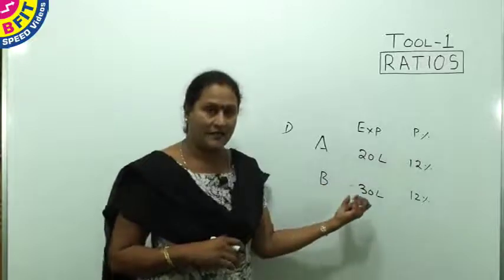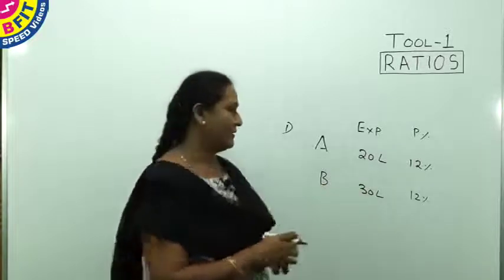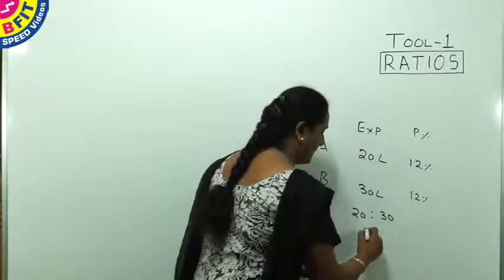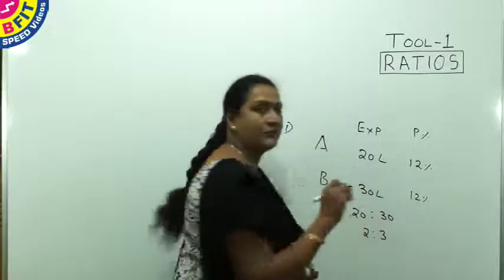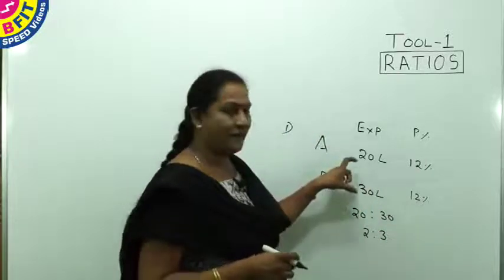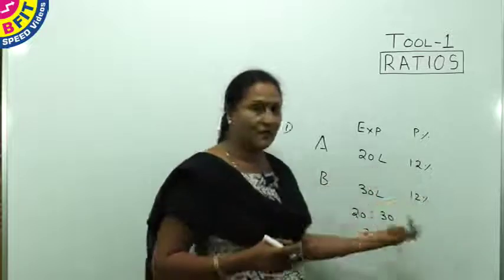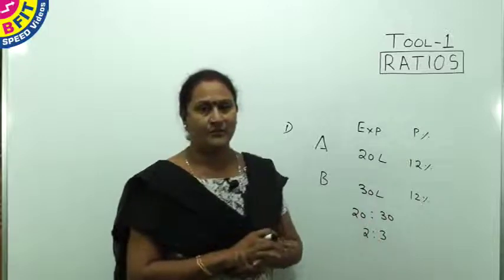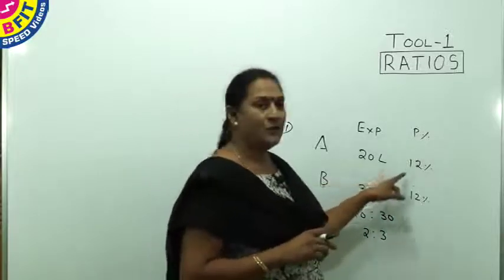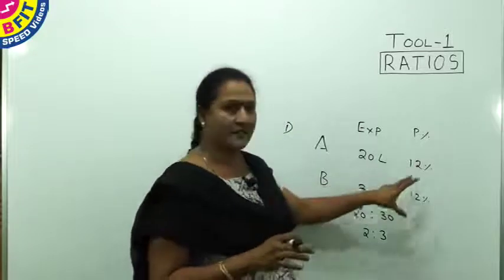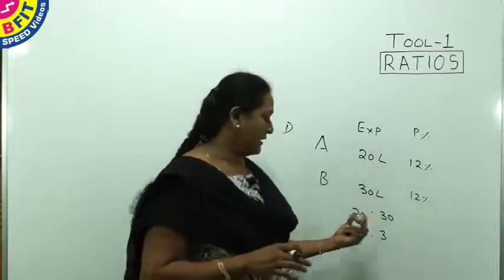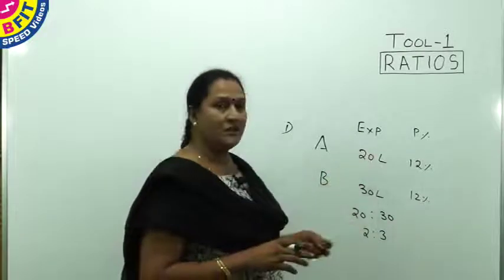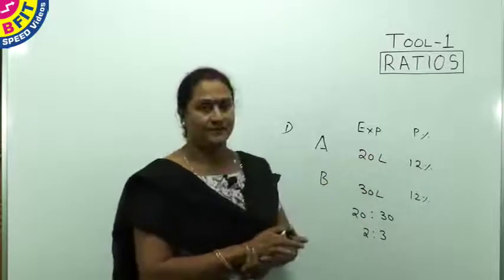Just simplifying the expenditures, 20:30, the ratio is 2:3. Whenever any factor is common, no need to multiply it out. With the remaining factors, just simplify and get the ratio.